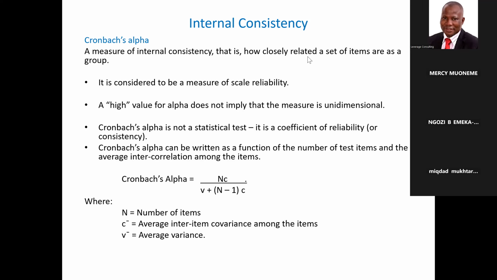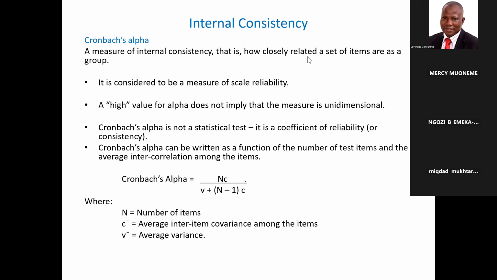It is considered a measure of scale reliability. A high value of alpha does not imply that the measurement is unidimensional. It just measures that they are related, consistent. Cronbach's alpha is not a statistical test, it's a coefficient of reliability or consistency.